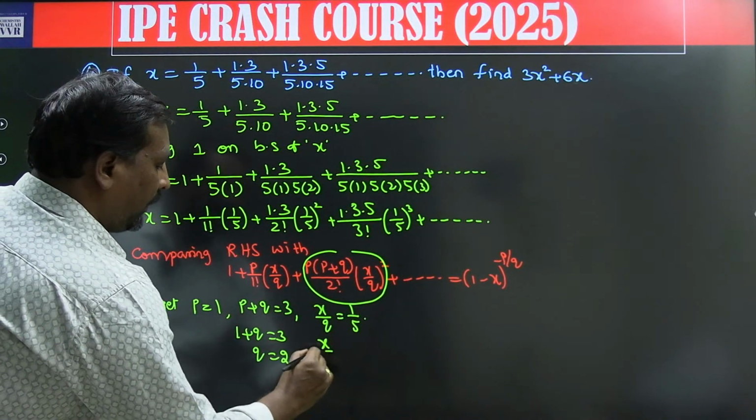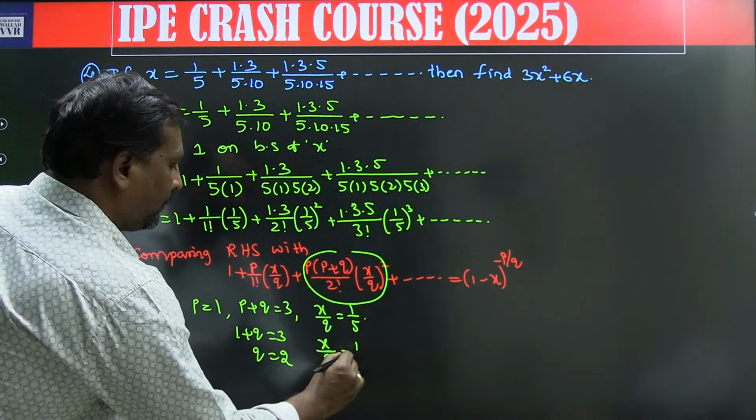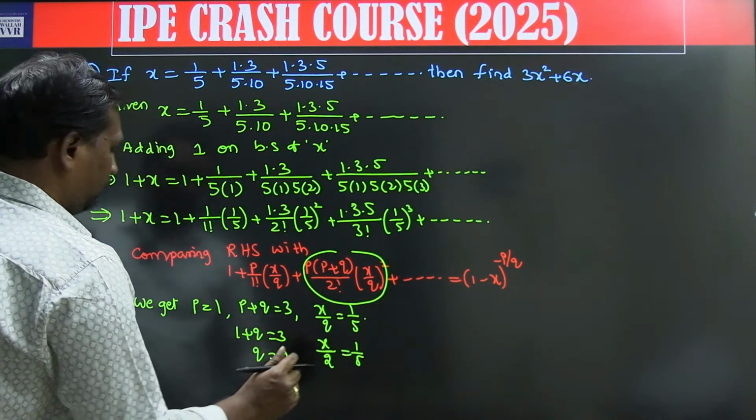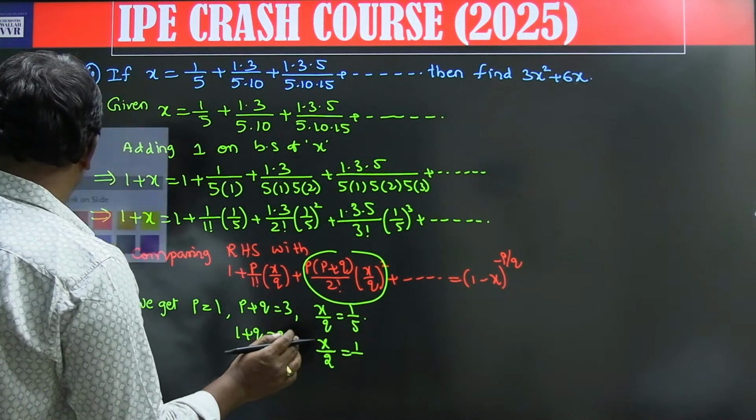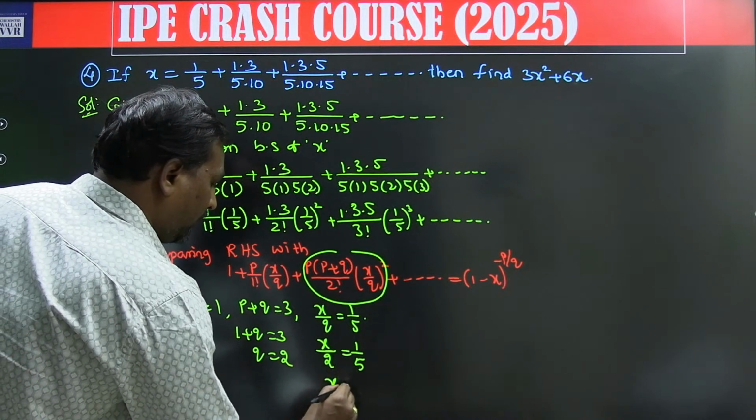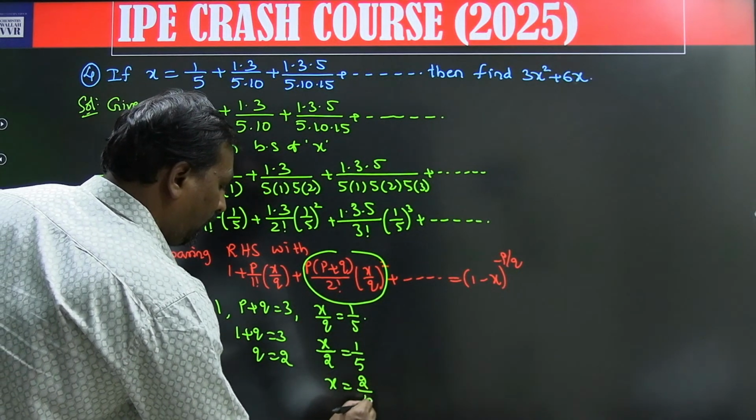Now x/2 is equal to 1/5, so x is equal to 2/5.